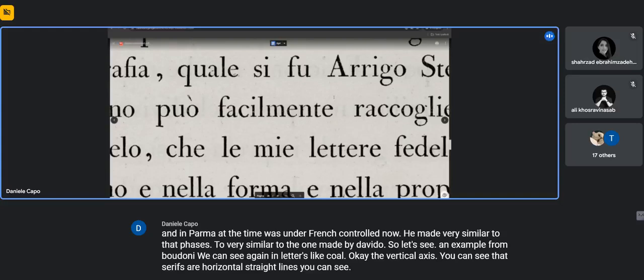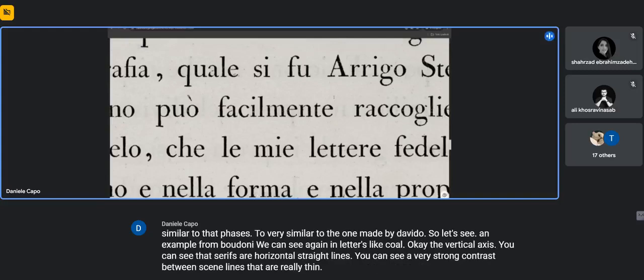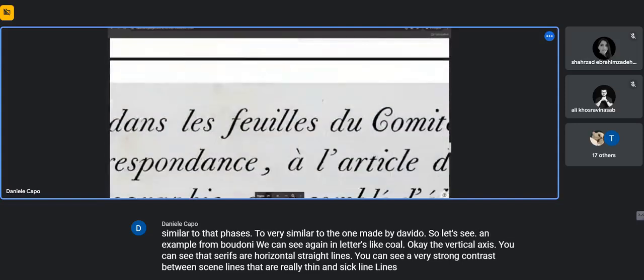You can see a very strong contrast between thin lines that are really thin and thick lines.